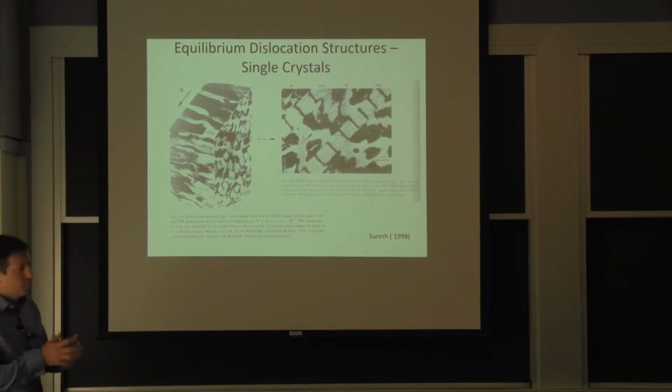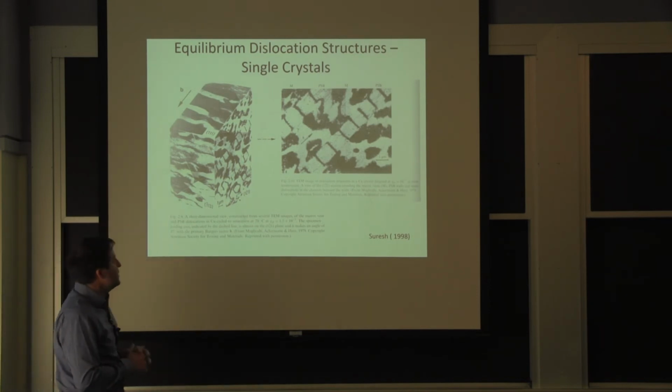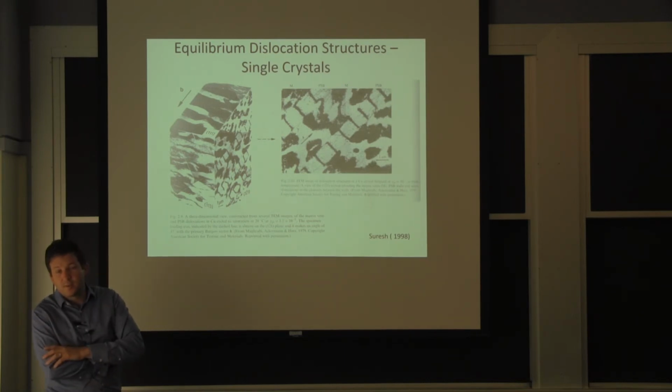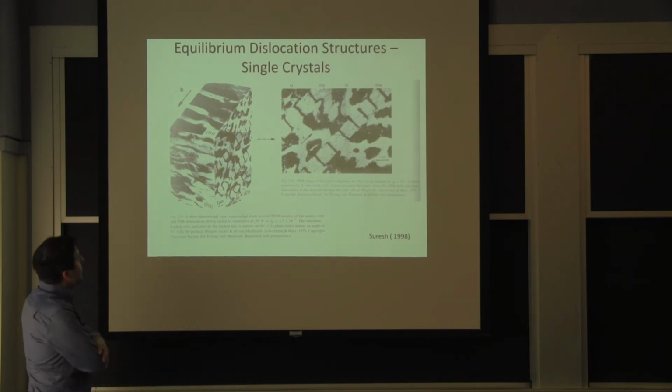This is a single crystal, and yet it has all these zones. These are transmission electron microscope images, so we're looking at a very, very small scale into that single grain. But hopefully you can appreciate this very sophisticated dislocation structure.